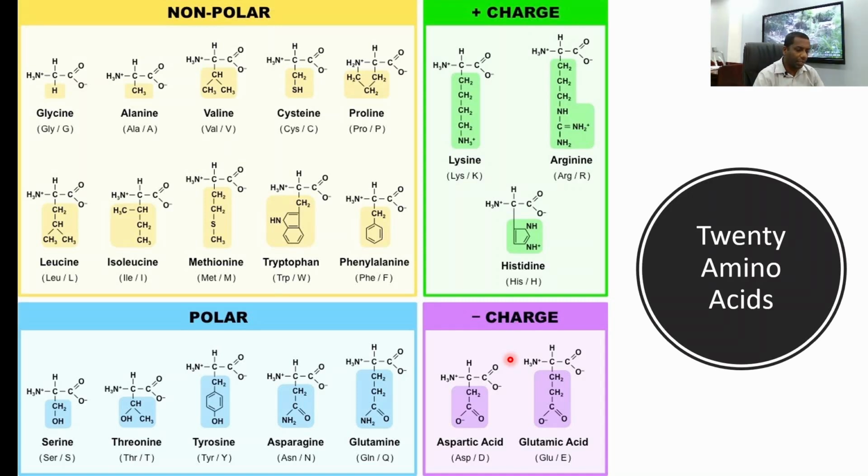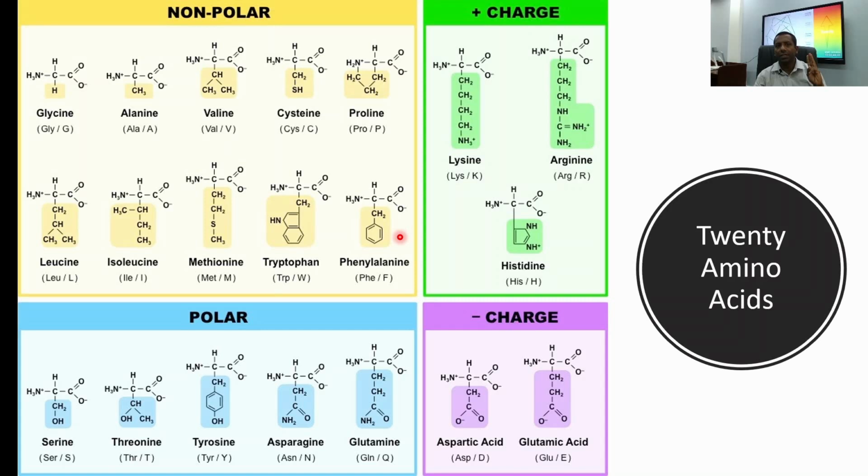If we think 2 nucleotide bases form a given amino acid, then we can only have 4 to the power 2, which means 16 amino acids. But we have 20 amino acids.